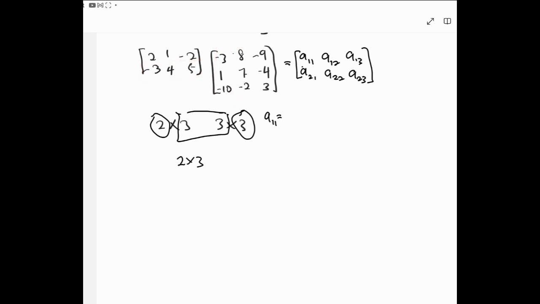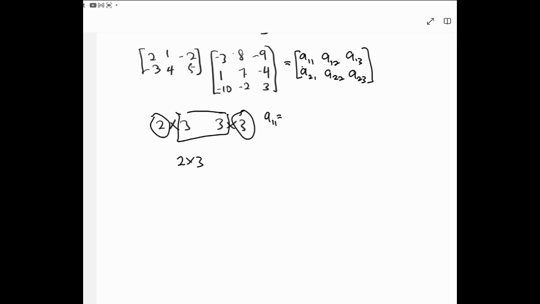And then the next one will be A12. We are going to use the first row with the second column, the second row with the second column to get A22. For A13, we are going to use the first row with the last column, and A23, the second row with the last column. So basically, we need to sum all of the multiplication between row and column.